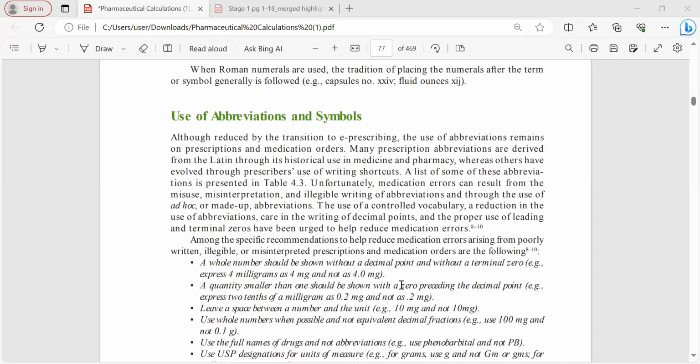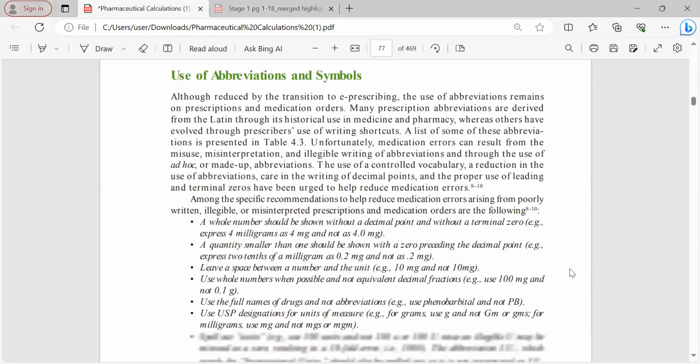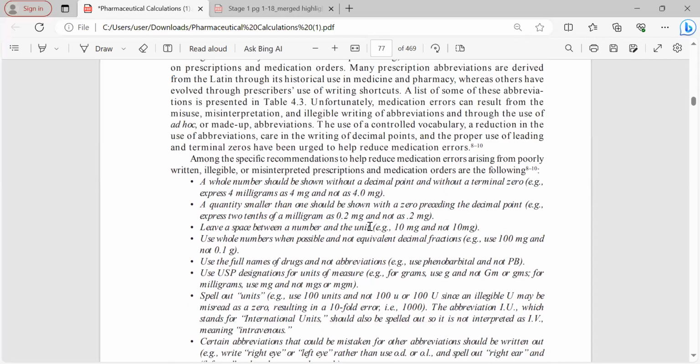Yeah. So we need to, of course, know the symbols and abbreviations so that we don't misinterpret or cause errors during dispensing. What they are saying is, if you have zeros in whatever figures you're writing, you only write the 0 if it is significant. If it's not significant, you leave it out.